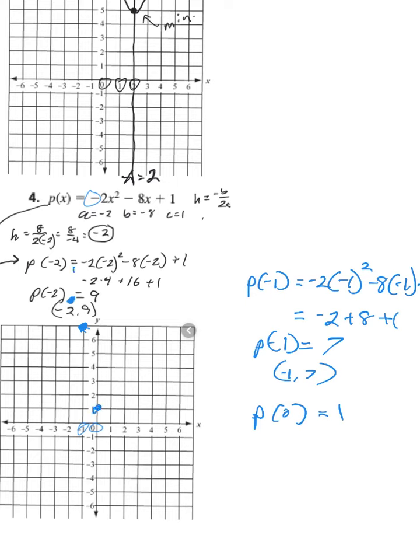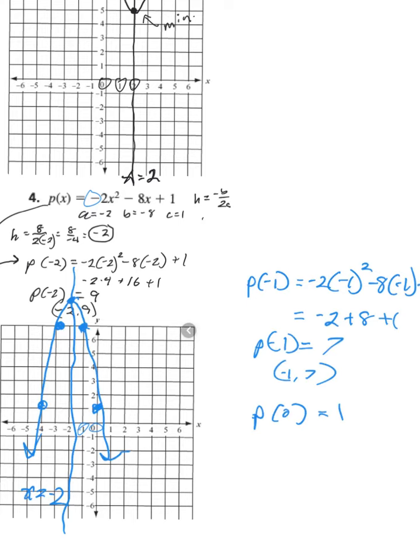I have an axis of symmetry at x equals negative 2, and I just use this axis of symmetry to find the points on the other side of the ones that I graphed. And there I am. So this is my parabola.